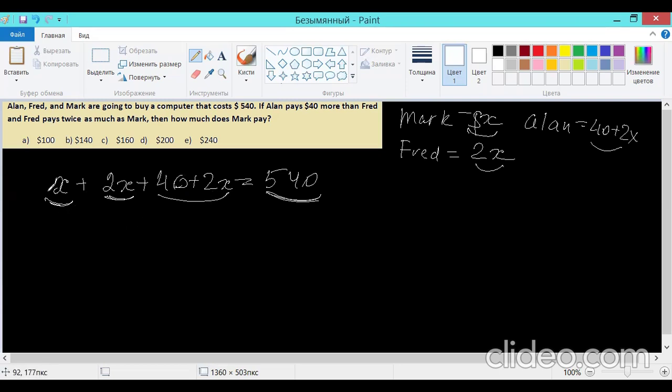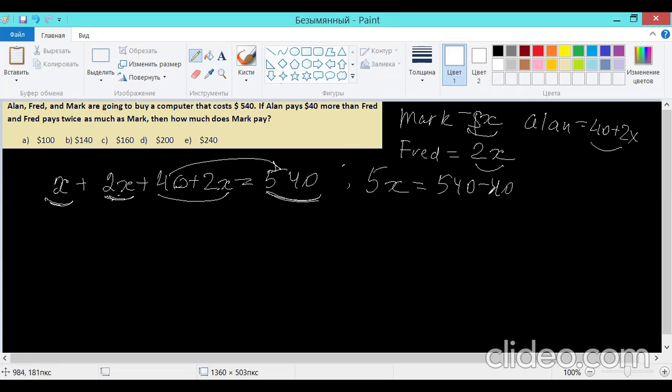Okay, in this case, we've got x plus 2x is 3x, 3x plus 2x gives 5x. Okay, and I'll put 40 to the right part of this equation: 540 minus 40, because when I move it to the other part of the equation, I have to change the sign. On the left side, 40 has a positive sign, and if I put it on the right side, it will become minus 40.